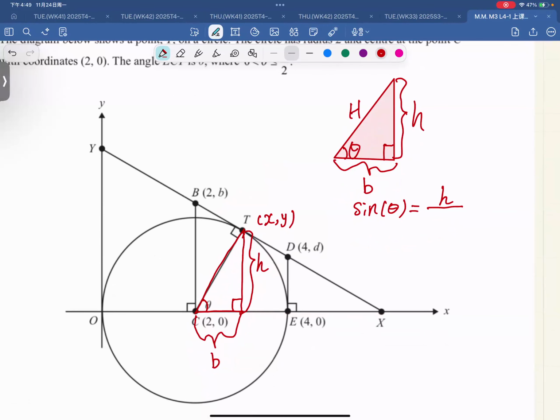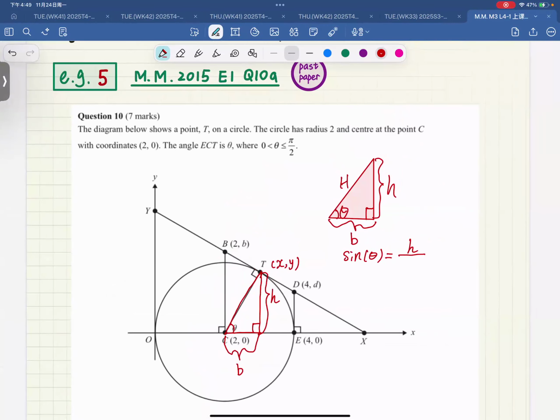Yes, the radius is 2. It's given in the question. The hypotenuse is 2. So basically that's 2, right? Yeah. All right, so sine theta is equal to h over 2.